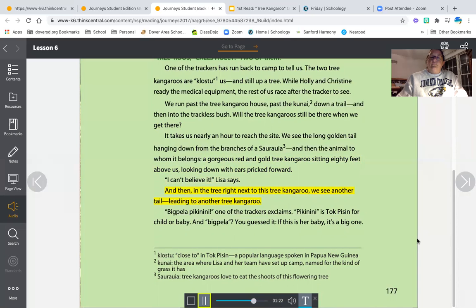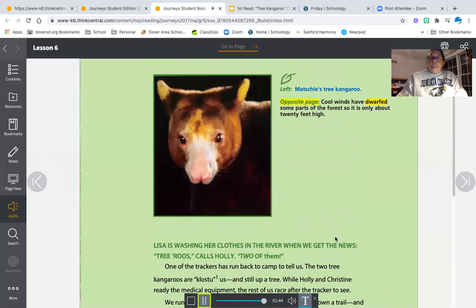And then, in the tree right next to this tree kangaroo, we see another tail leading to another tree kangaroo. Big pela pikinini, one of the trackers exclaims. Pikinini is Tok Pisin for child or baby. And big pela, you guessed it, if this is her baby, it's a big one. Matschie's tree kangaroo. Cool winds have dwarfed some parts of the forest, so it is only about 20 feet high.